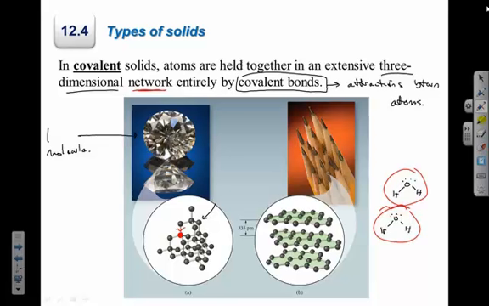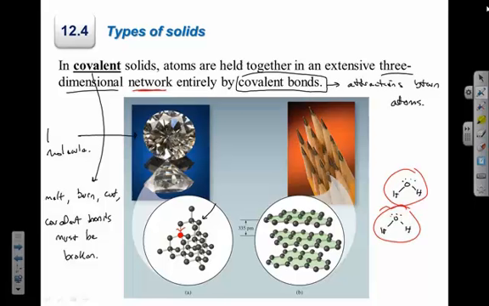So if the whole thing is one molecule, the only way to break it up is by breaking covalent bonds. So in a covalent solid, to melt or burn or cut, covalent bonds must be broken. Some covalent bonds are stronger than others, but generally covalent bonds are pretty strong attractions because they're needed to maintain the noble gas configurations.